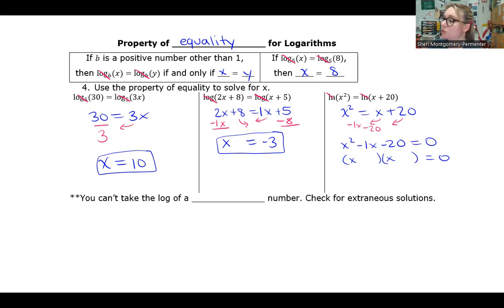So think of things that multiply to make 20. What 2 things could multiply to make 20? 5 and 4 would work. If you put them in here, 4 and 5, which one of these numbers is bigger? 5. So the 5 has to have the same sign as the middle one. So the middle one is negative. The 5 has to be negative.